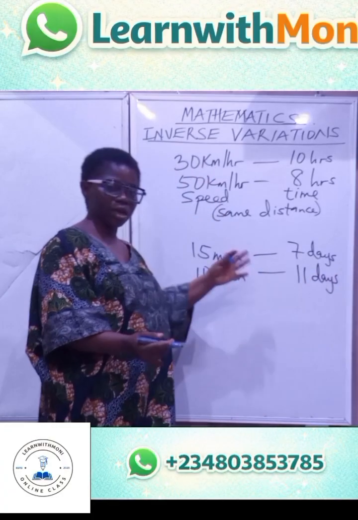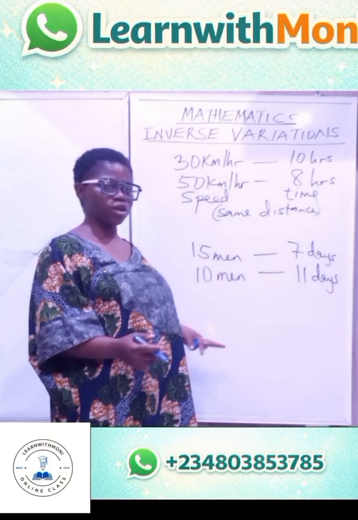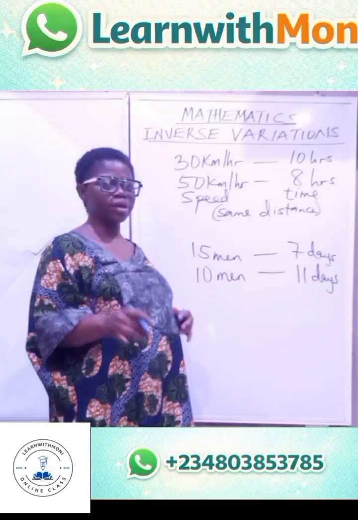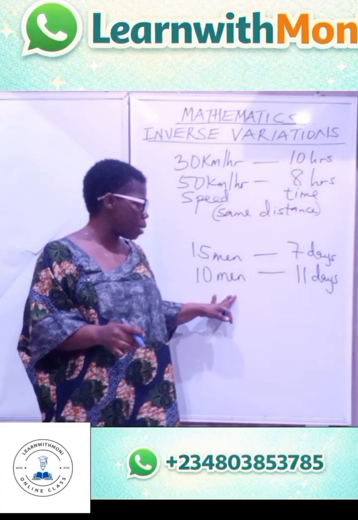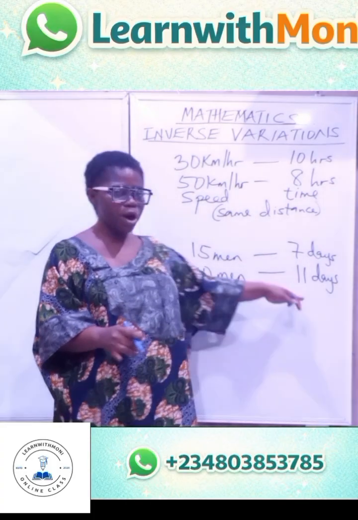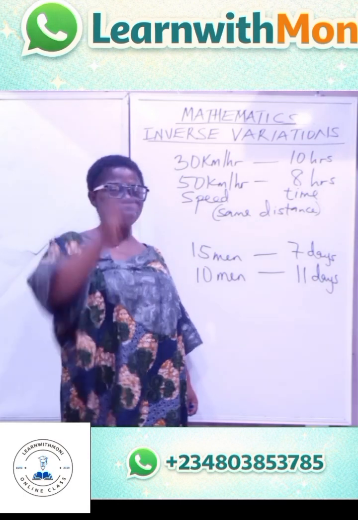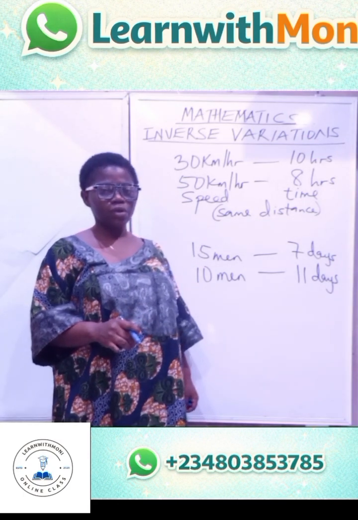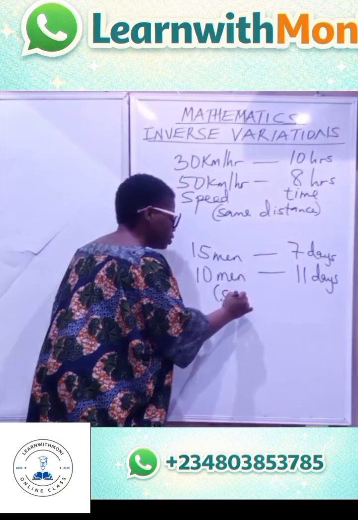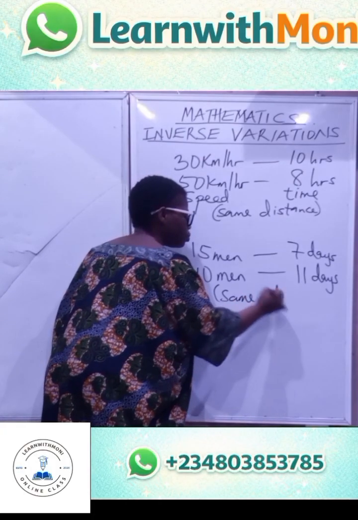I'm just taking an arbitrary example, not according to calculation. When you reduce the number of men on the job, the number of days they will spend on the job is going to increase, if they are doing exactly the same job.